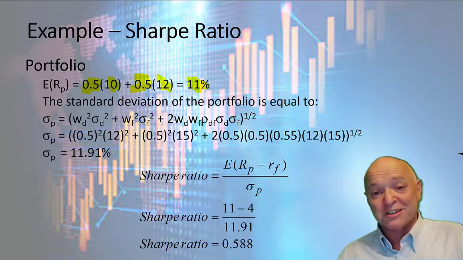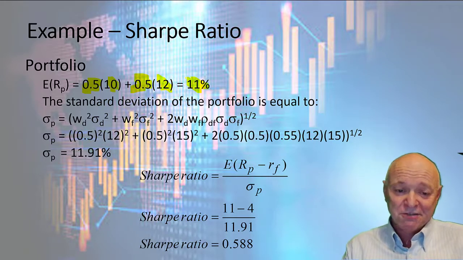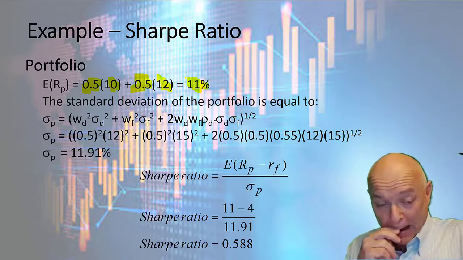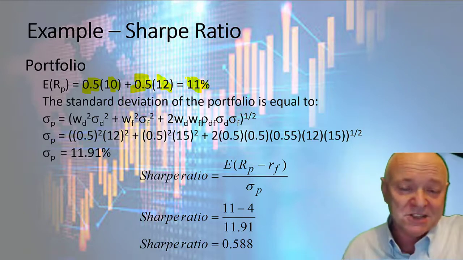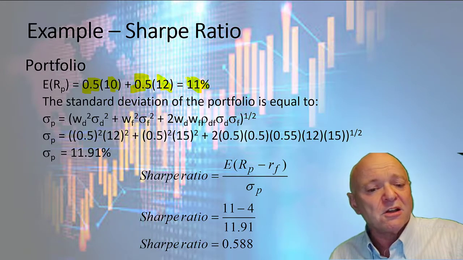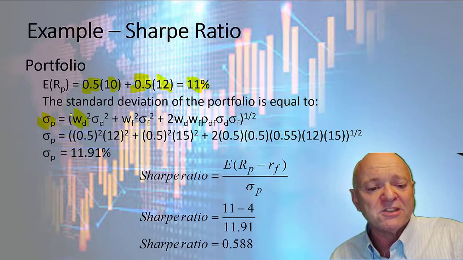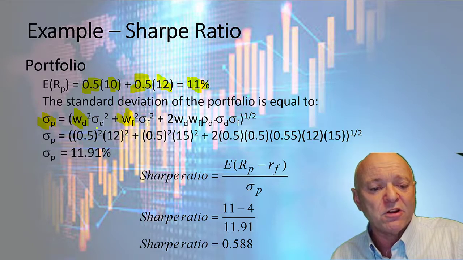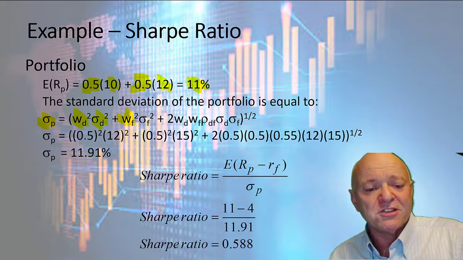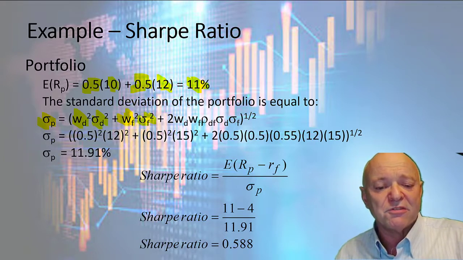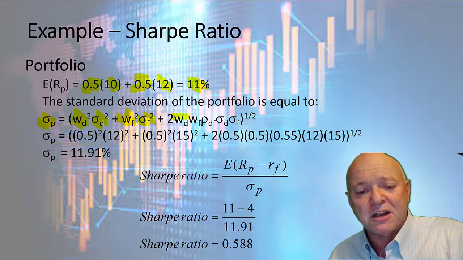The calculation for a two-asset portfolio, domestic and foreign, of the variance, and then standard deviation in this case, for our portfolio would depend on the weight of domestic, the weight of foreign, the variance of domestic, the variance of the foreign, and then finally our covariance term.